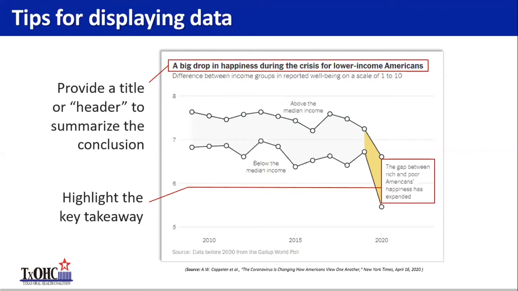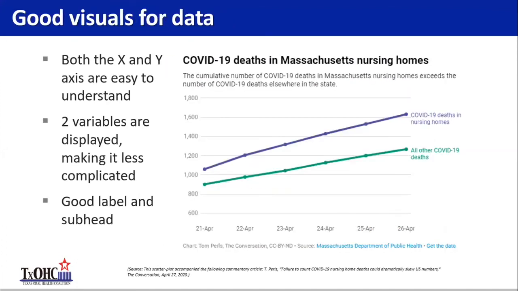I think this graph does a pretty good job of not throwing too much at you. You could argue that maybe the term median, there might be a better way to represent that depending on the audience you're presenting this to. But they do a good job of highlighting the key takeaways and keeping the data to a manageable level, not throwing 5, 6, 7 variables at you.